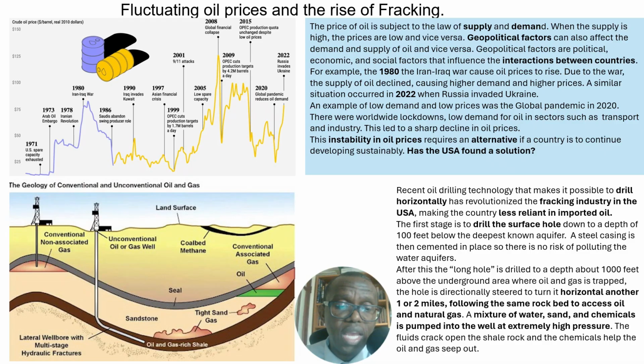And you can see here that there is a seal as well to prevent any leakages that may impact this area above here. Then you have horizontal drilling that has taken place here to get to those oil and gas reserves that are beneath here.